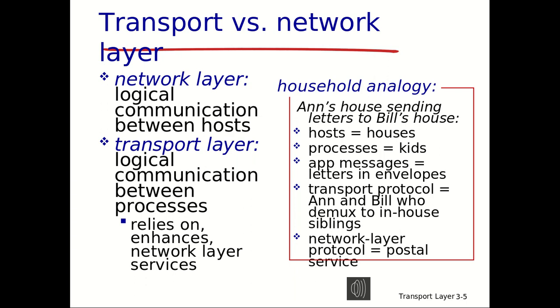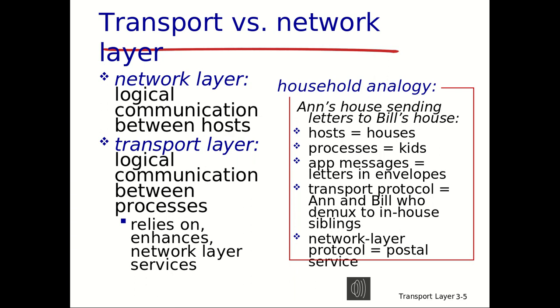Once the host has received the message, we need to multiplex or demultiplex the message to the multiple different siblings, or the multiple different processes or applications in each house. So who is identifying the house? The house is being identified by the network layer, and the siblings, or the processes to which these messages or data need to be forwarded, are identified by your transport layer port number.